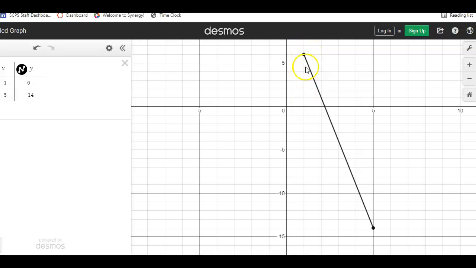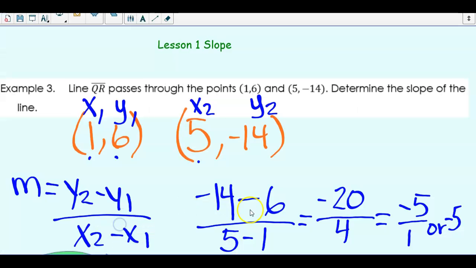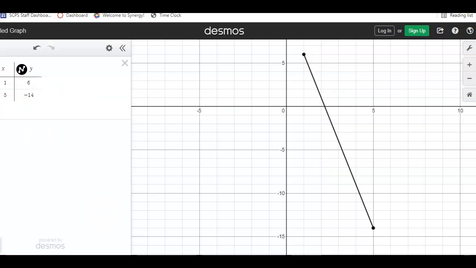So we go down 1, 2, 3, 4, 5, 6, 7, 8, 9, 10, 11, 12, 13, 14, 15, 16, 17, 18, 19, 20. And then you can count over 1, 2, 3, 4, which then gets us our negative 20. So our rise of negative 20 over 4. That is an option if you prefer that.